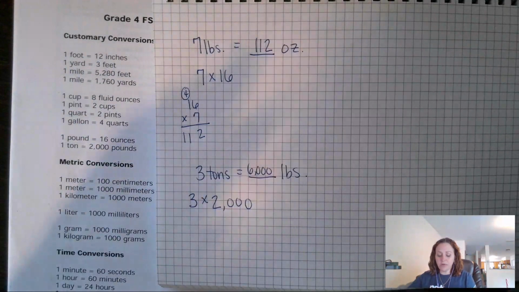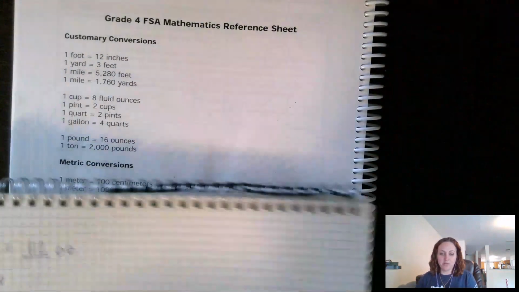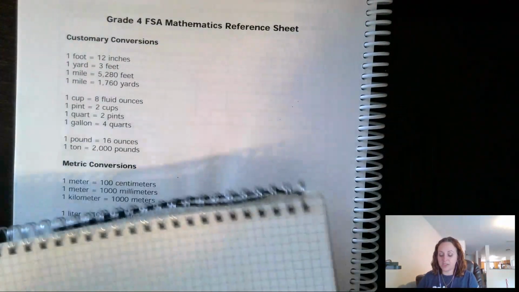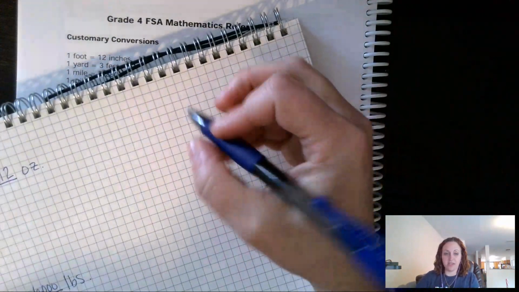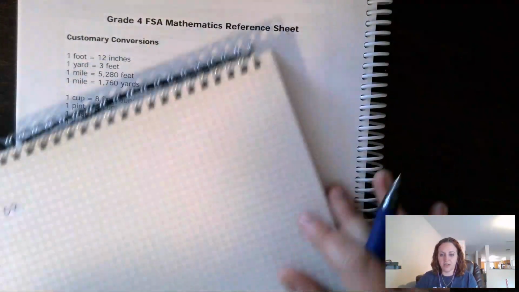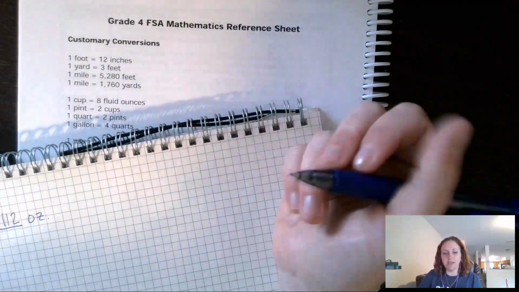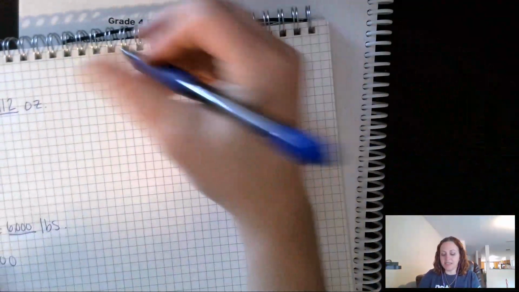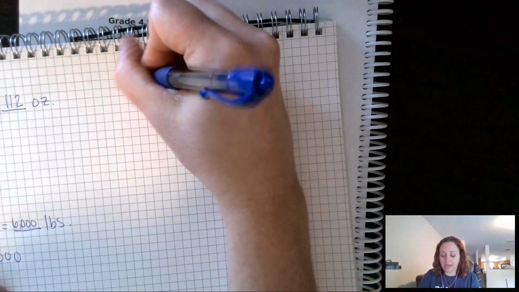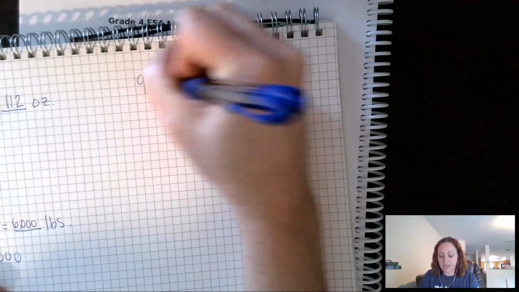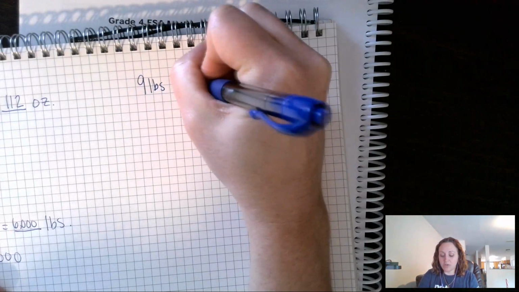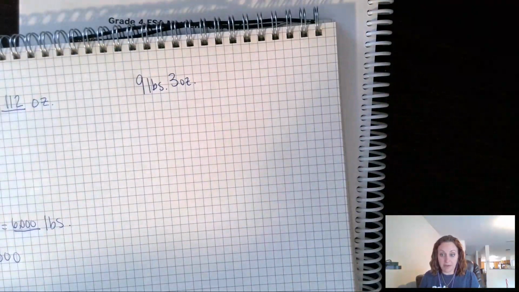I'm going to show you one more example because I don't know if this is something that you might see, but just to give an example of this, and it could be for any of the measurements. Sometimes you see something like, let's say when a baby is born, my daughter, when she was born, she weighed 9 pounds and 3 ounces, which is a big baby.